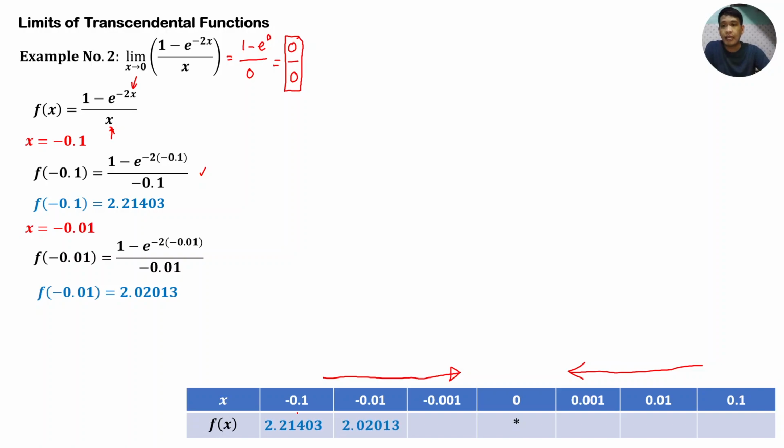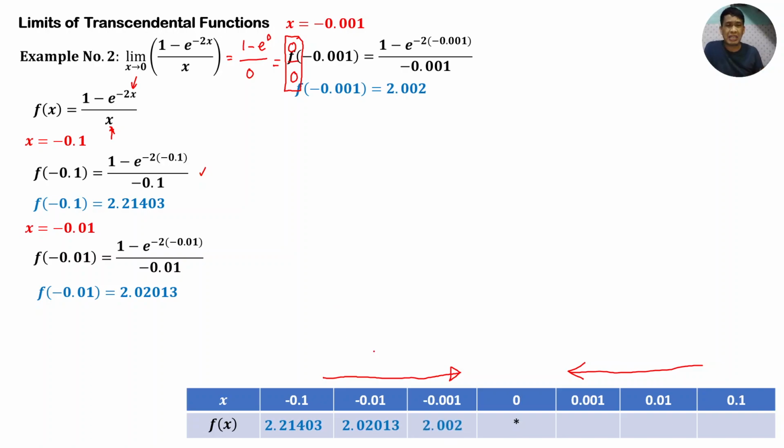The last, papunta sa 0 coming from the left is x is equal to negative 0.001. So substituting, then f of negative 0.001 is 2.002. So as it gets closer to 0, the value it approaches is 2. So yung ina-approach niya ay approximately equal to 2.